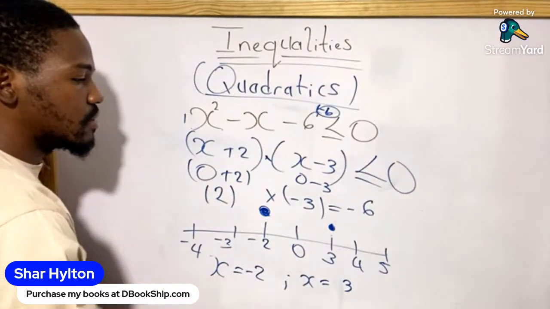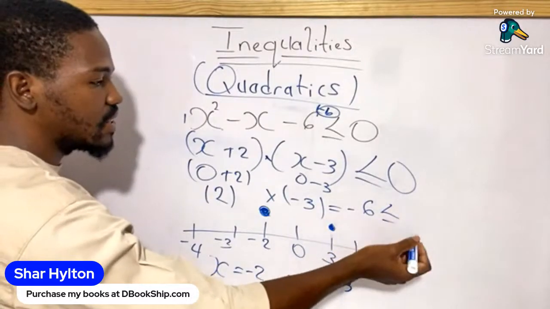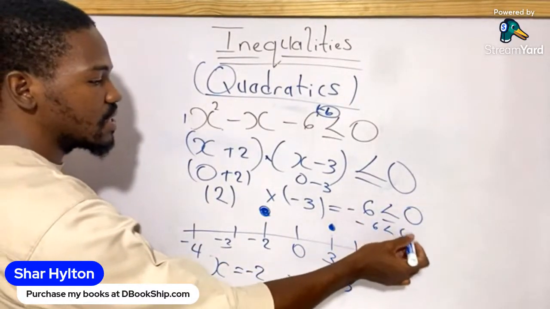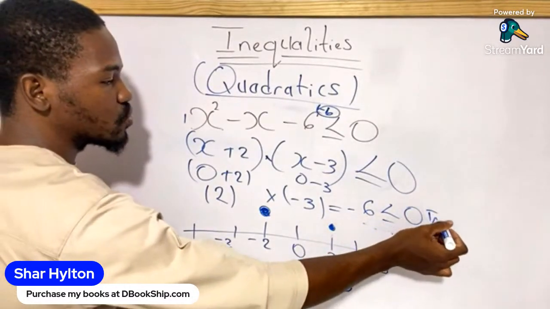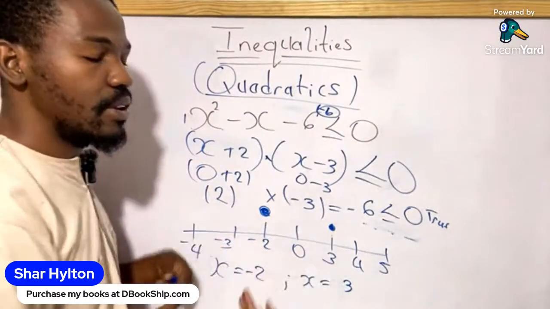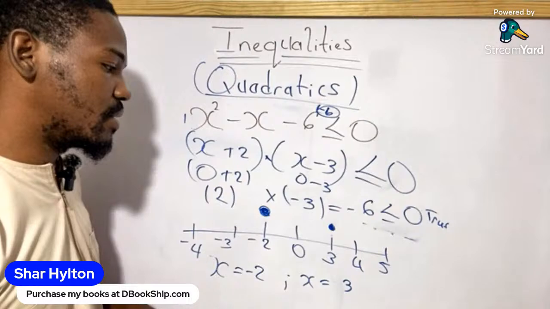So here we have negative 6, and is negative 6 less than or equal to 0? Yes, negative 6 is less than 0. So we know that this is true. So any number between negative 2 and 3, we can safely say is going to let the equation evaluate to true.